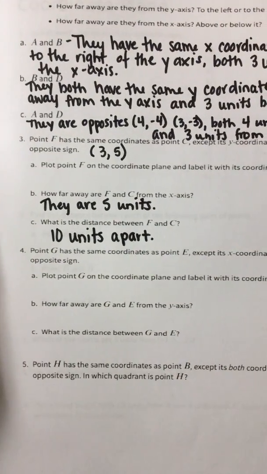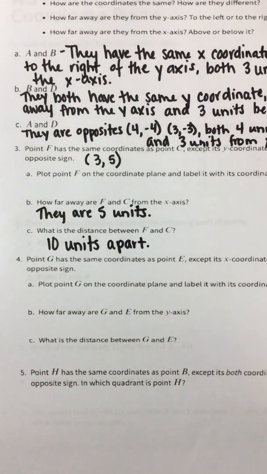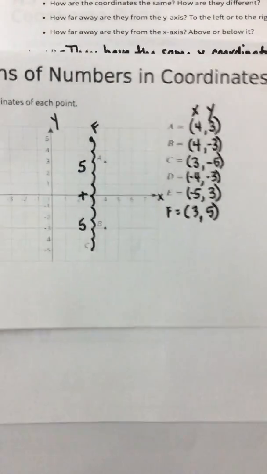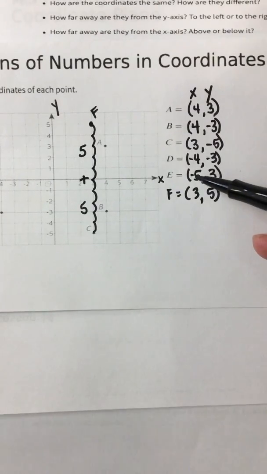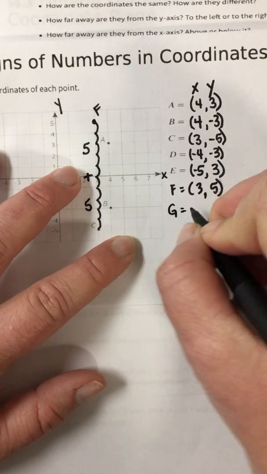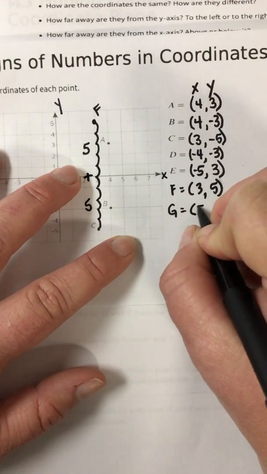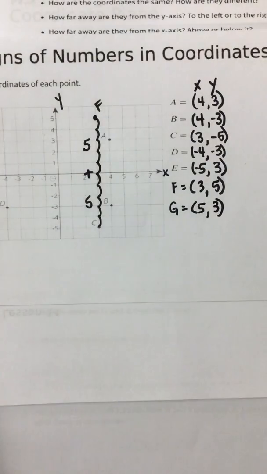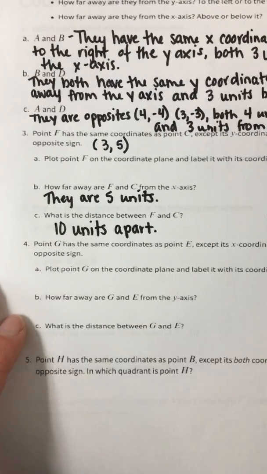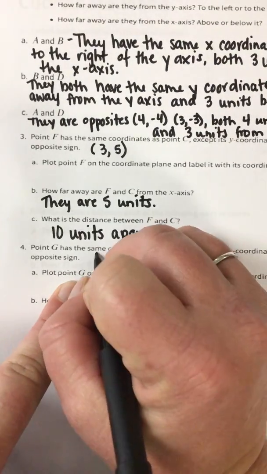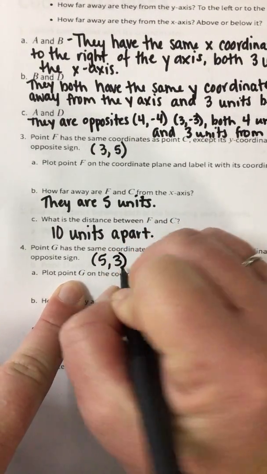Okay, number 4 says point G has the same coordinates as point E, except the x coordinate is opposite. So here's E. The x coordinate would be opposite. So what's the opposite of -5? +5. And then the y is still the same. So you're going to go through the same process that we just did. Let me write this down here. 5, 3.